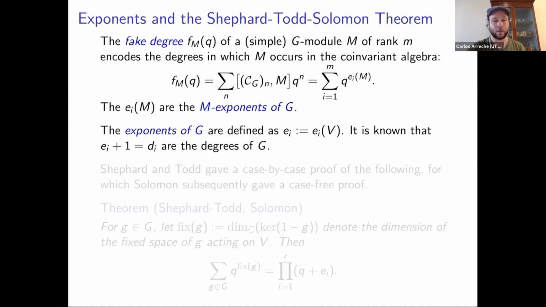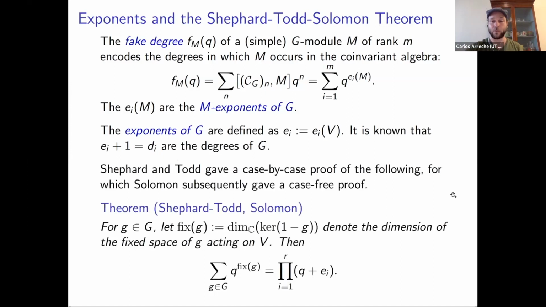So I want to state a result that we're generalizing in our main theorem, which is due to Shephard and Todd. Again, they initially proved this following their classification in a case-by-case way, and subsequently Solomon presented a case-free proof.